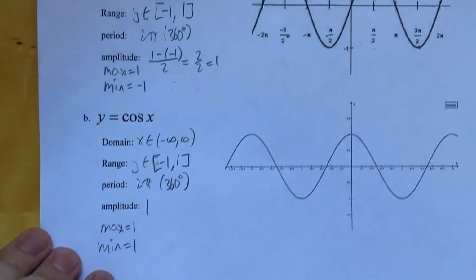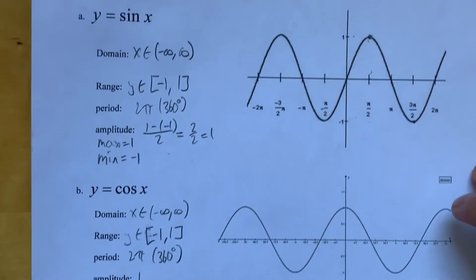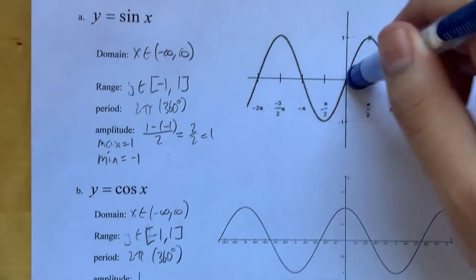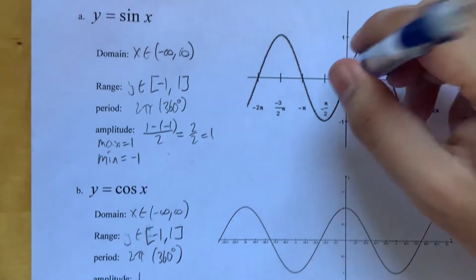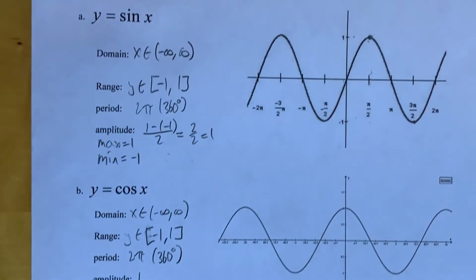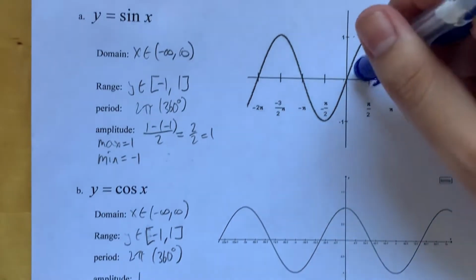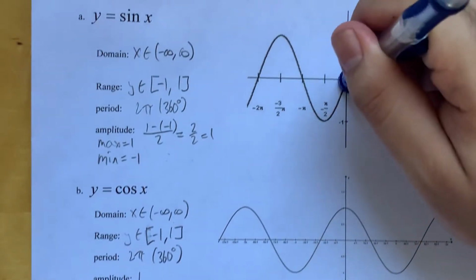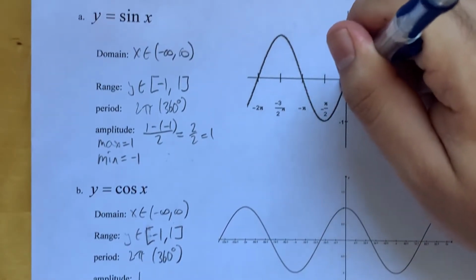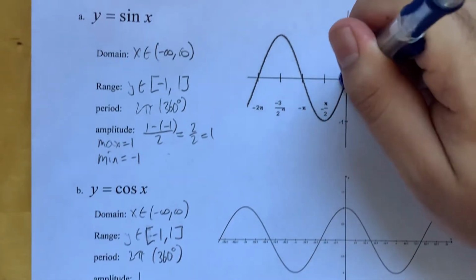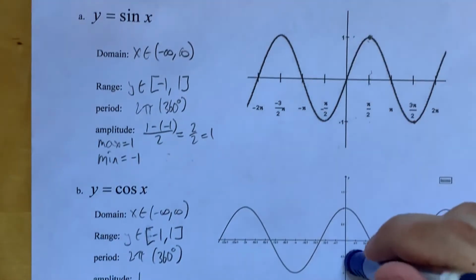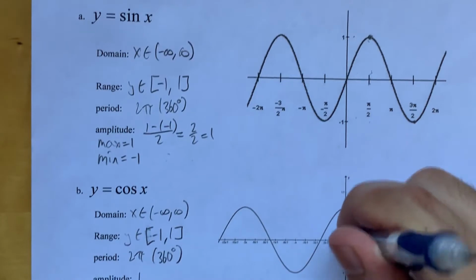All right, so let's look at both of the functions. For the y equals sine of x graph, when you look at the center of the function, it crosses through 0, 0. But when you look at y equals cosine, it doesn't cross through the origin.